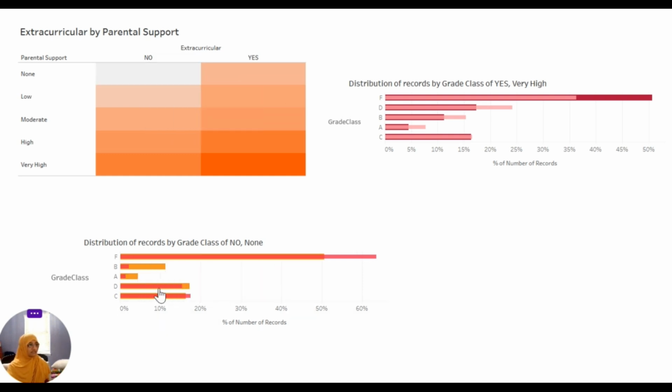This one shows the no, which is the number of students who had lower grades because they were not going to extracurricular activities. They weren't studying, they weren't really doing anything. So obviously their grade will be low and they won't receive a higher GPA, versus the number with the higher GPAs.